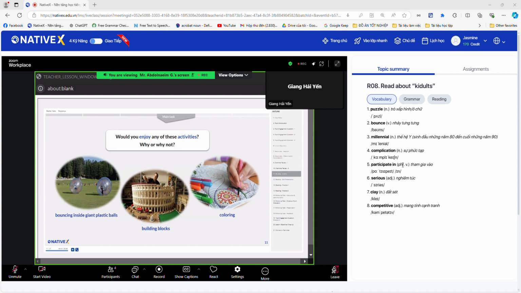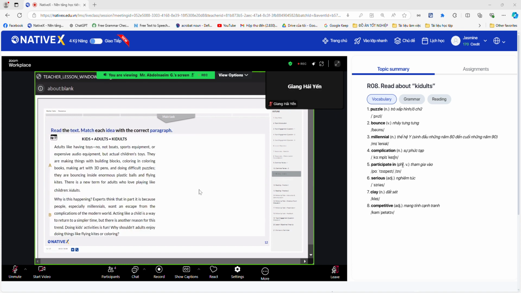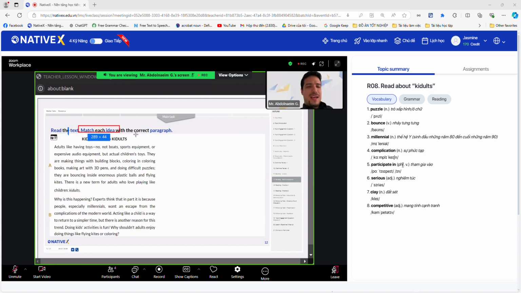Yeah, I love the color, and I can make creative drawing. Okay. So every one of us, we have some childish or some kid activities that we like to do, right? Now, we want to read the text and match the idea with the correct paragraph.